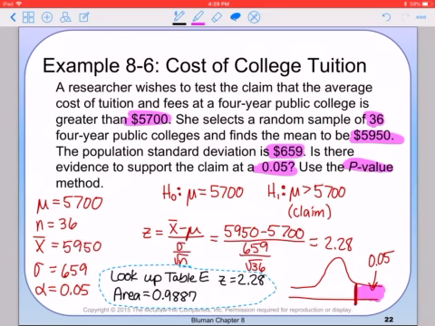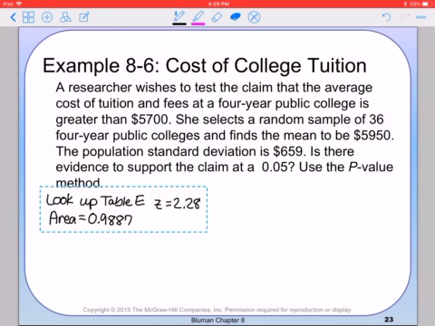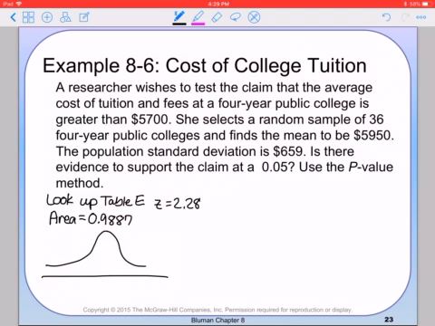I'm going to draw it here so we can figure out what we got. Remember how table E works. We've got our bell curve and our point 2.28. We know that the area over here in the blue is what that gave us, that 0.9887.